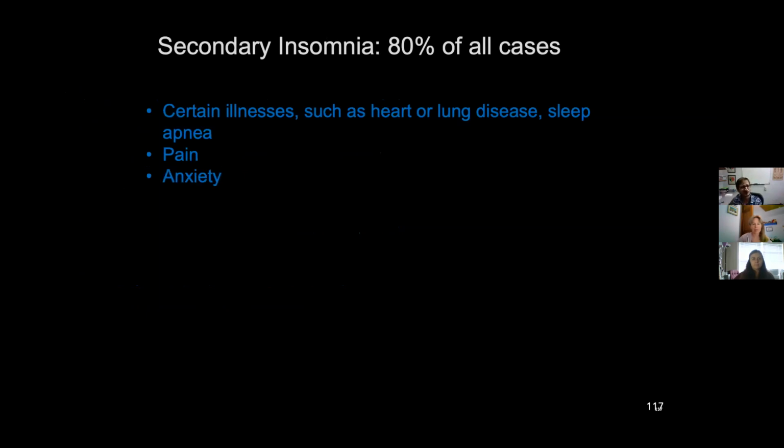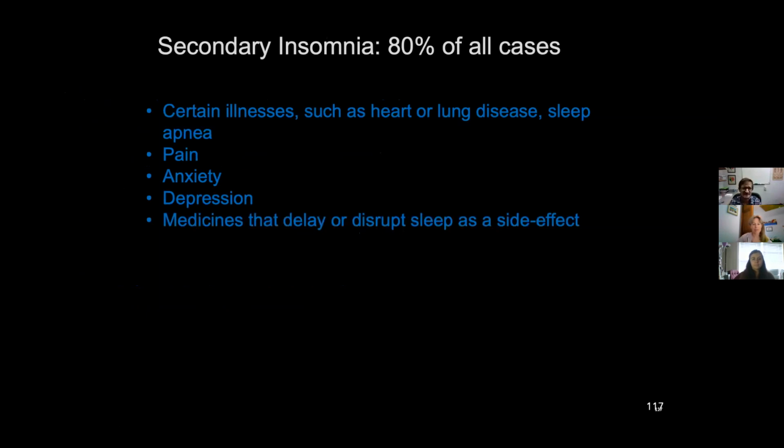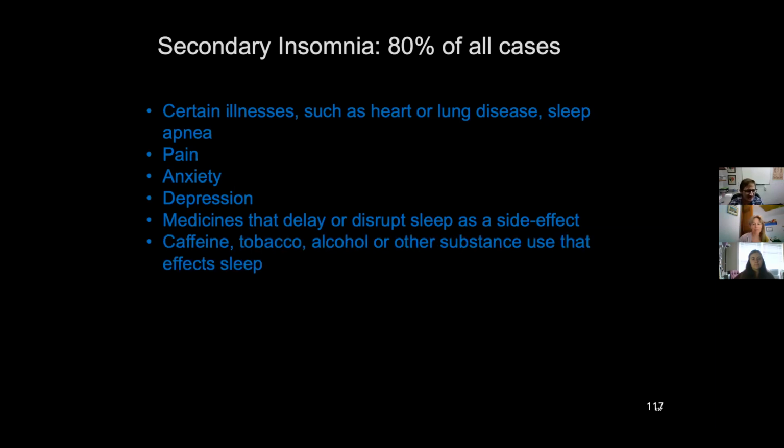It means that people aren't getting good sleep for different reasons: illnesses, chronic pain, anxiety or anxiety disorders, and depression. People who are depressed tend to sleep either too little or too much. Medicines that delay or disrupt sleep, and drugs, those things I told you are bad for sleep, can contribute to insomnia.